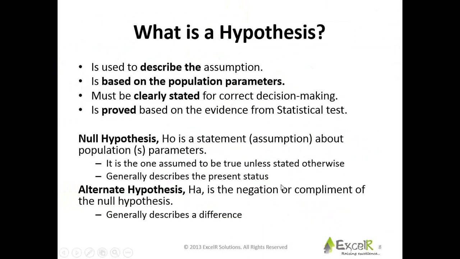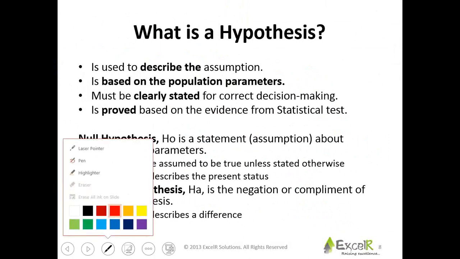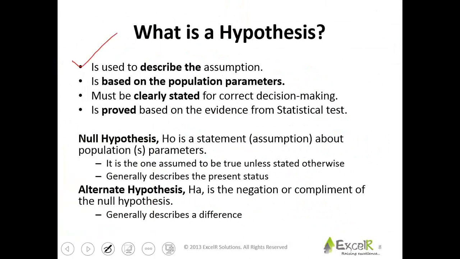Okay. The next thing is, what is a hypothesis? Let me actually highlight. It is used to describe the assumption. Whenever you are using your sample and making statements about population, you are assuming.